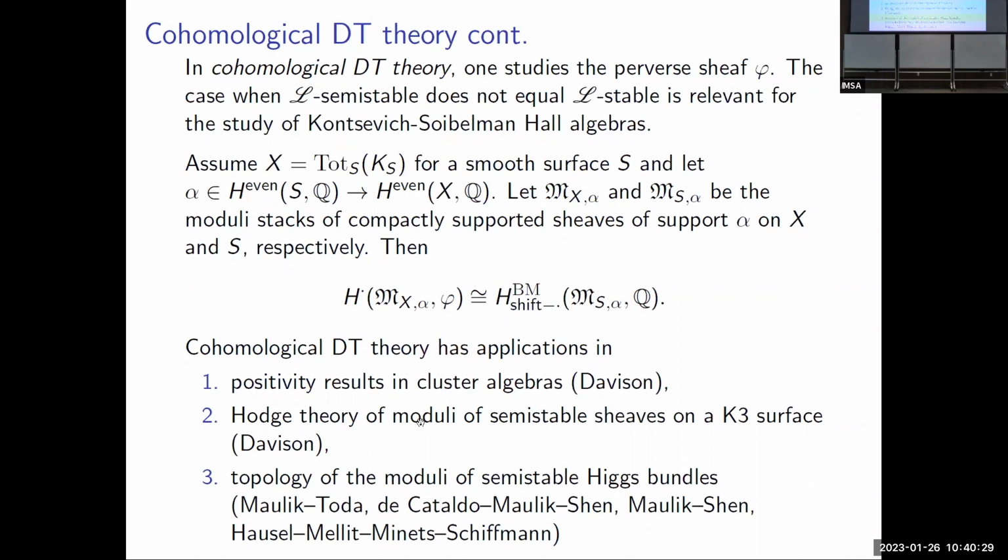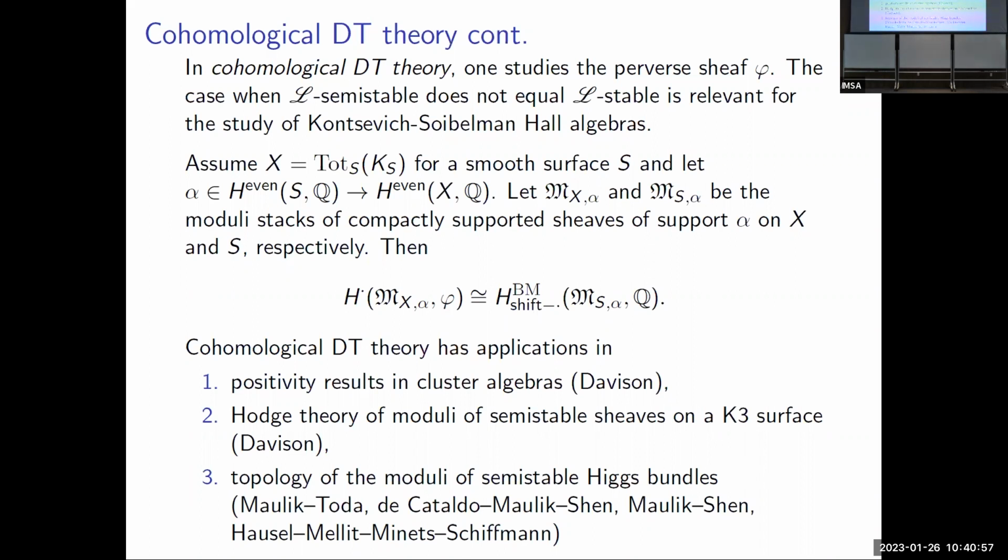And also this cohomological DT theory has applications in the topology of moduli of sheaves on surfaces. Del Pezzo surfaces, this is work of Maulik and Chen, or if your surface is a local curve, so it's the total space of the canonical bundle on the curve C, it also has applications in that topology.